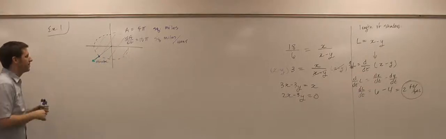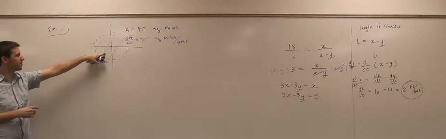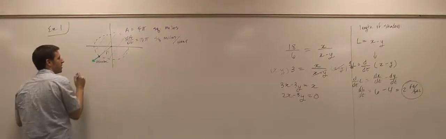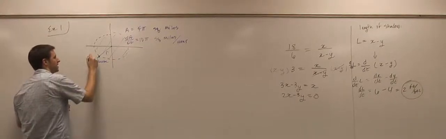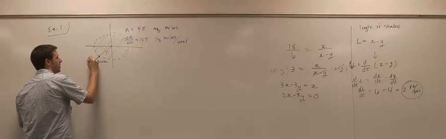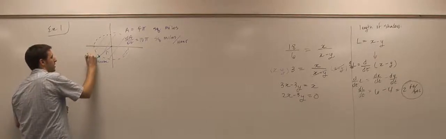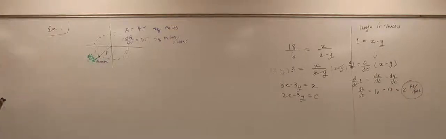What would you call this length here? What variable would be there? This is R, right? And what I'm looking for then is dr dt. If I know how fast the radius is growing, then I know how fast I have to run away from it.